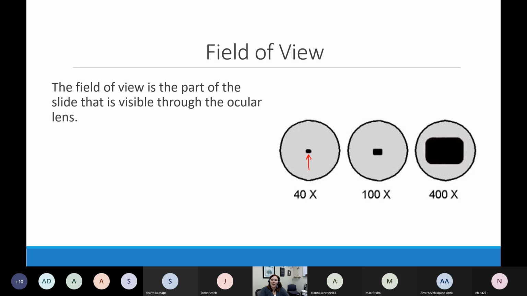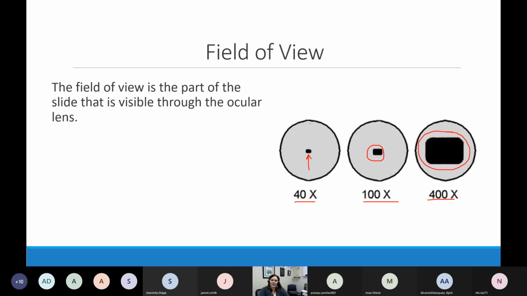as this black dot. But notice that when I start with the scanning objective in place, and then I go up to my low power objective, I've zoomed in on this spot. The spot got bigger. And when I go all the way up to the high power objective, the spot got really big. But here's what we didn't really notice happened when we zoomed in on that spot.